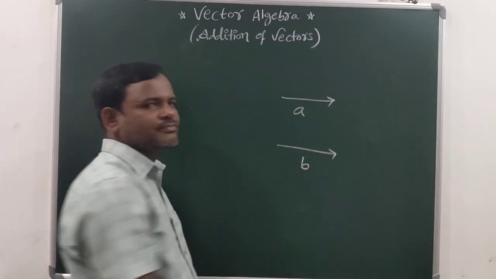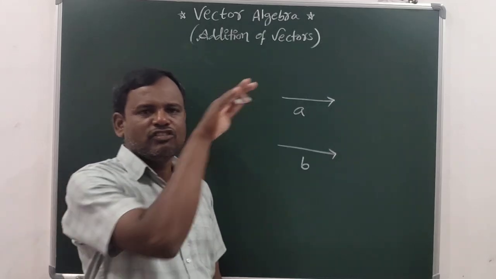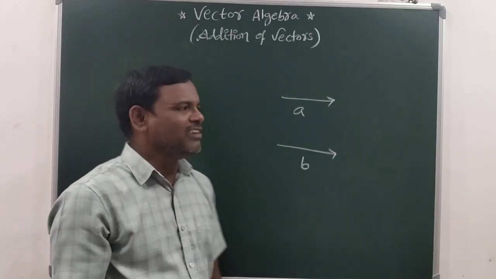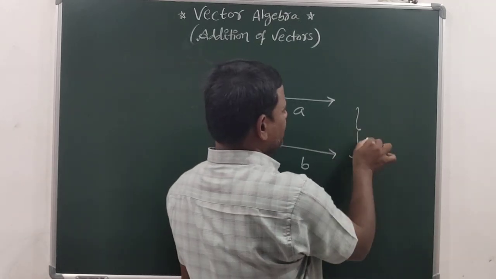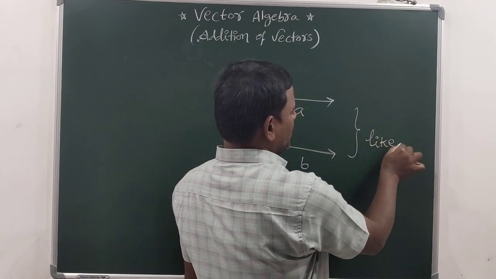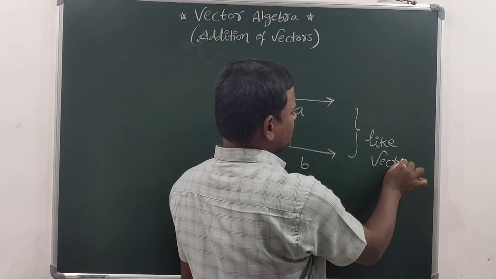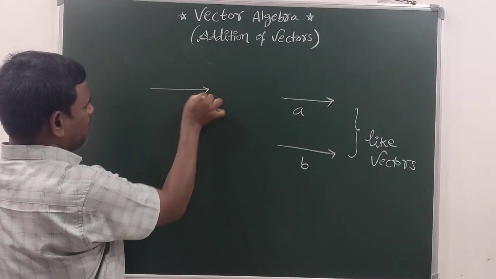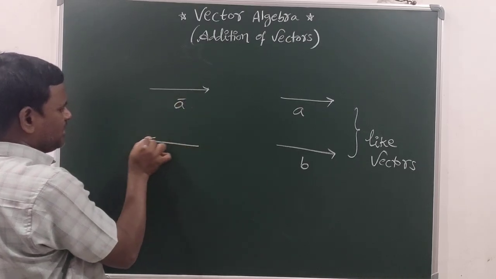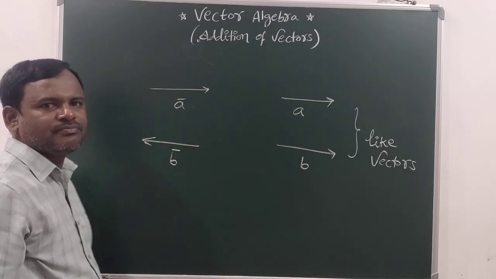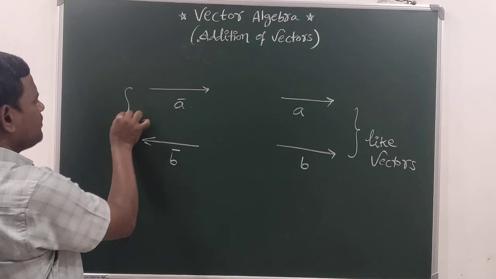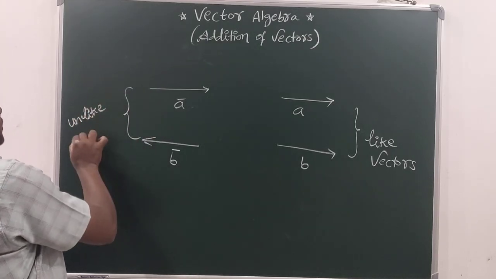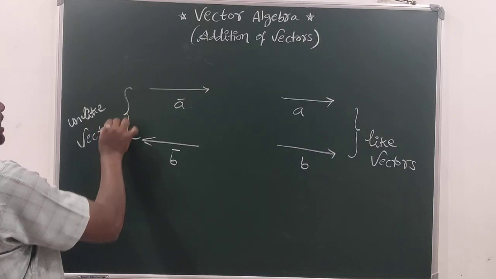Next, if two vectors, one is A and one more is B, are parallel and in the same direction, then they are called like vectors. If both are parallel and in opposite directions, then they are called unlike vectors.